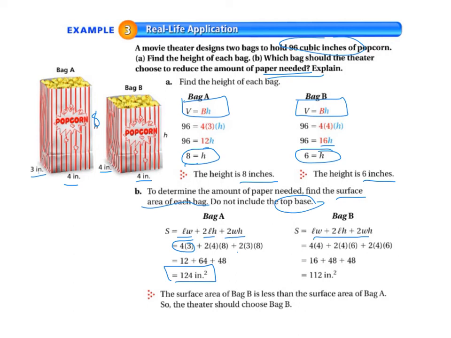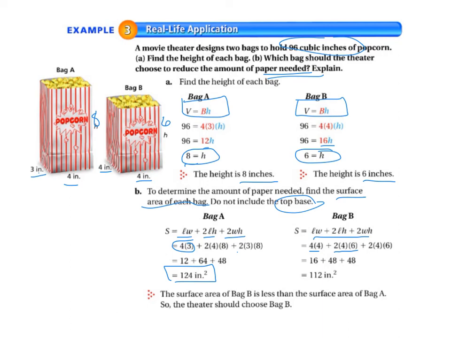Bag B, we're doing the same thing. The bottom is 4 by 4. The front and back are 4 by 6, so there's 2 of those. So that's 48. And the sides are 2 by 4 by 6.